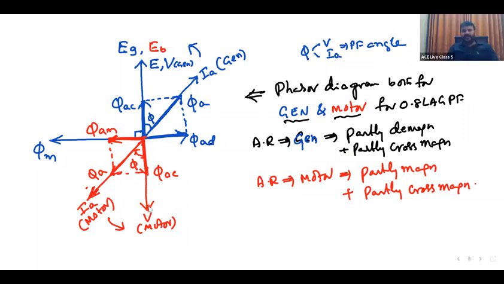Because why is it called back EMF? E and V will be in phase opposition. In the generator, E and V are in the same direction. In the motor, E and V are in opposite directions, back EMF. Okay. And sir, V I am writing. When V, IA should lag. Lags. Okay. Here also the blue color IA lags the blue color E. Generator voltage, generator current lagging, and power factor is the angle between V and IA. Okay.